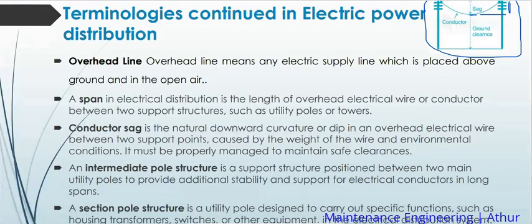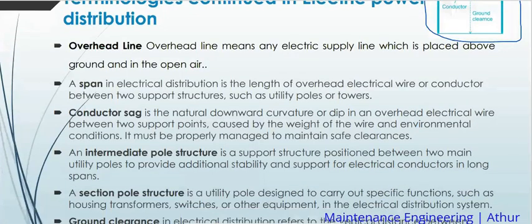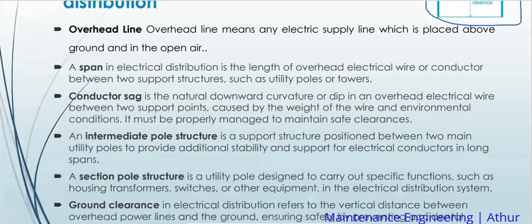Generally, as I've explained that picture, we have the overhead line. Overhead lines are conductors or wires carrying power or voltage. We have a span. I've explained the span, that is the distance between a pole and another pole carrying voltage or electricity.